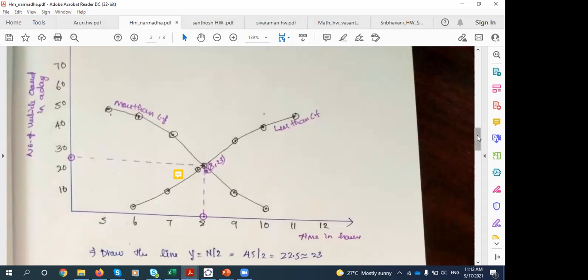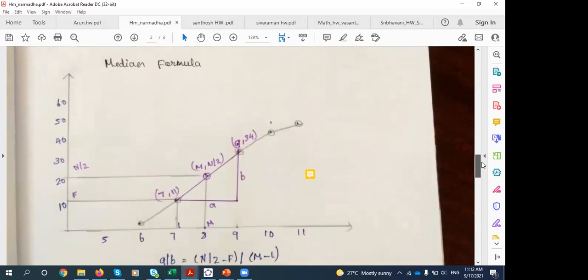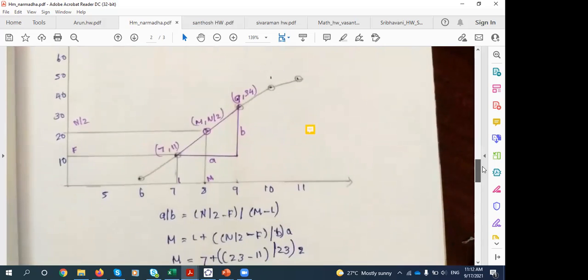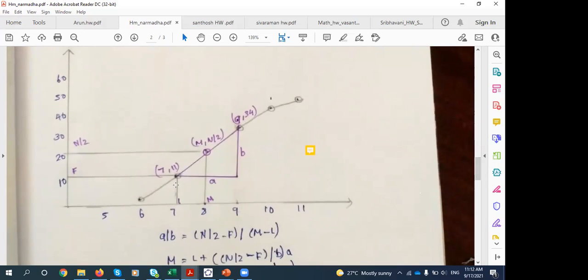This was, to me, it appears to be a deliberate case, again, same thing. Why are you taking 7 to 9? Where is the 8, that point, 8.23? Where is that point? Why is it missing? It should not be missing. And if you're using n by 2, which is 22.5, use that.